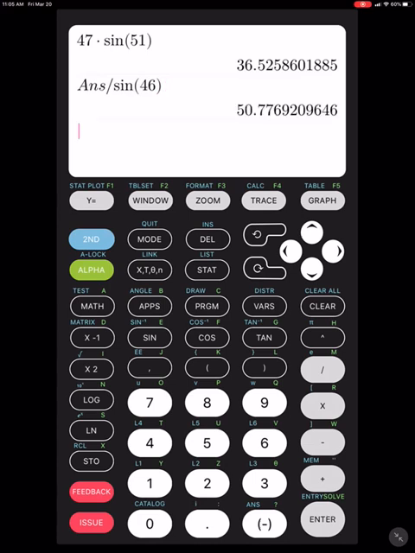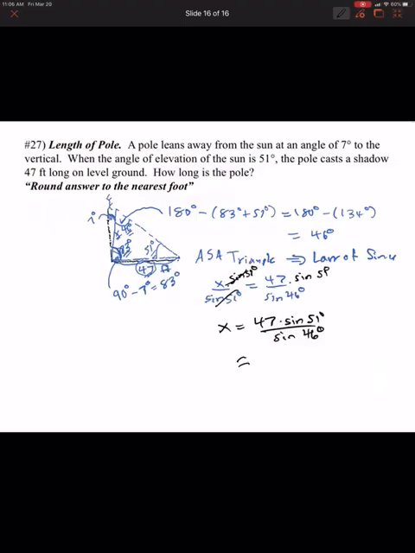As I plug that in, I get about 50.51. Rounding, we get 51, and this is in feet. So 51 feet is the height of this pole. Again, that's solving an application using law of sines, using triangles to help us.